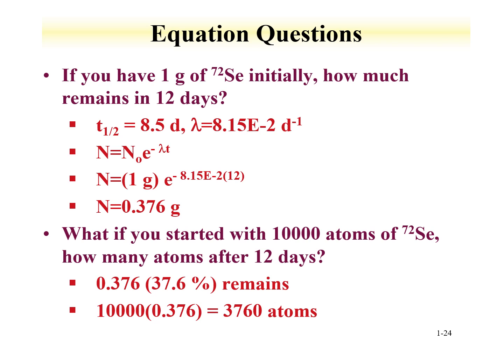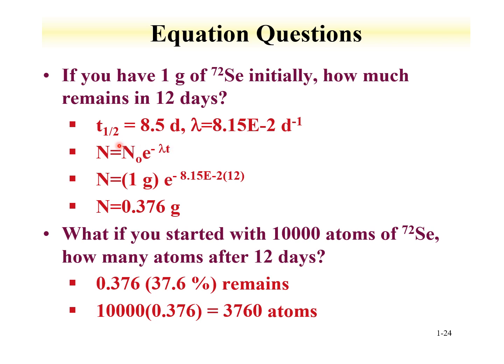Based upon some of the equations that we've reviewed, one should be able to answer some of the following questions. For instance, if you have 1 gram of selenium-72 initially, how much remains after 12 days? Well, the half-life is 8.5 days. The decay constant is log 2 divided by 8.5 days. The number N equals N initial times e to the minus lambda t.